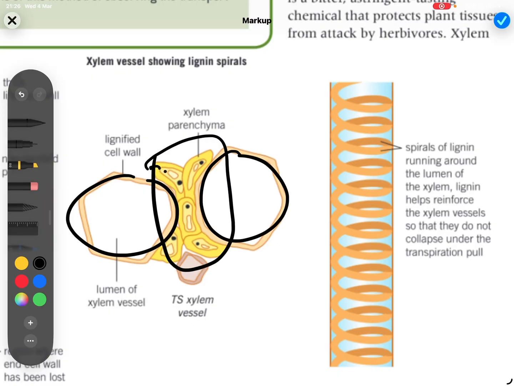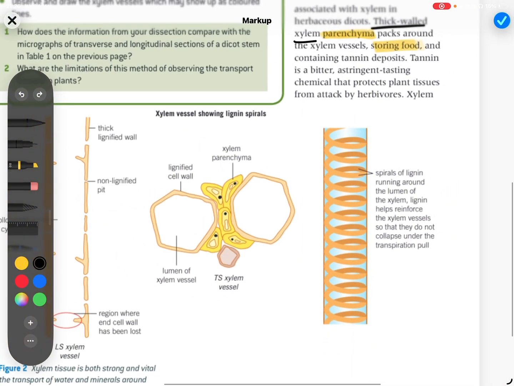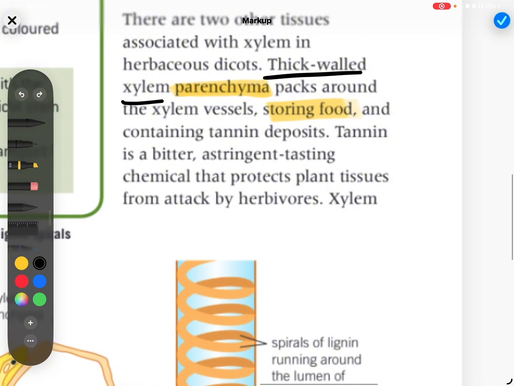They just pack themselves in between these little xylem vessels. And they store food and they store tannin deposits. That's it. You just got to know it. It's quite easy to understand, it just packs around it, but you've just got to know all these little details. So flashcard them, spam those flashcards.